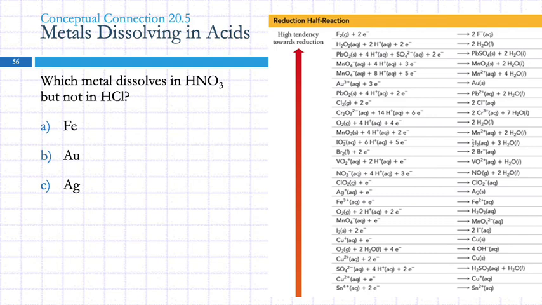And HNO3 is right there. And so we see that copper is below that. So are any of these others in that area? Looking over here. Well, this is Fe2+, not Fe. Silver. Silver will also dissolve in nitric acid.